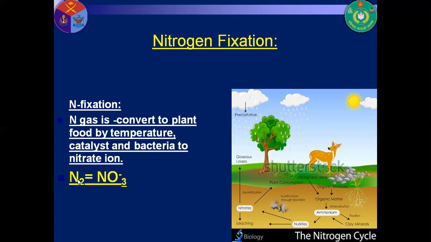So this is the conversion of nitrogen gas to nitrate ion, ammonium ion, or nitrite ion, which can be absorbed by the root of the plant. This is the food for the plant. This is nitrogen fixation.